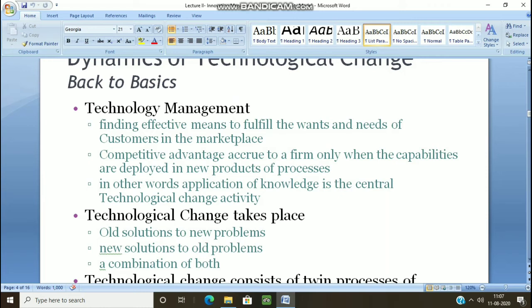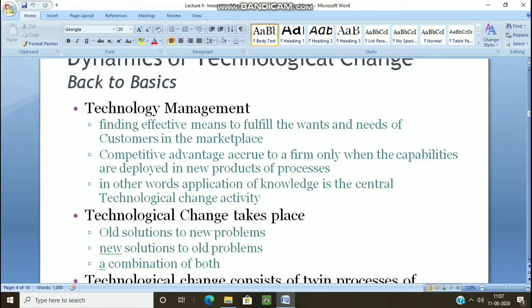Technology management is finding the effective means to fulfill the wants and needs of the customer in the marketplace. What's the requirement going on in the marketplace? We learn this through technology management, through the change in technology. Second point is that competitive advantage accrues to a firm only when the capabilities are deployed in the new product or process.